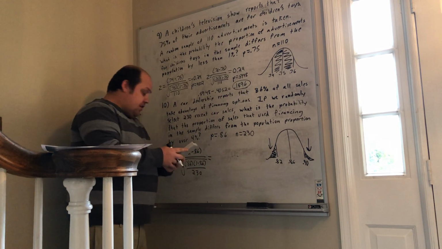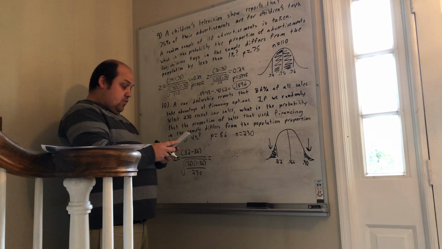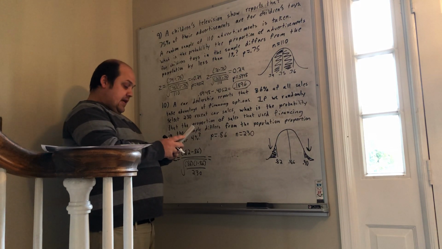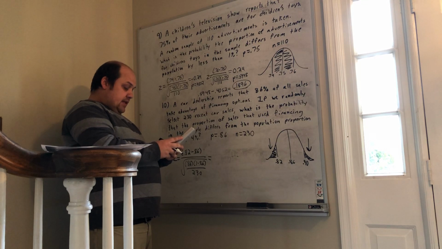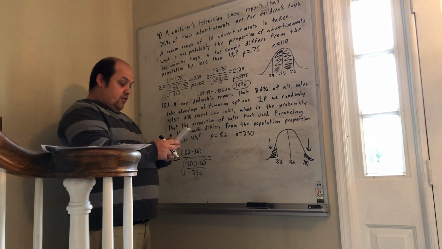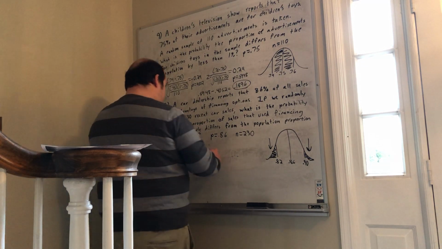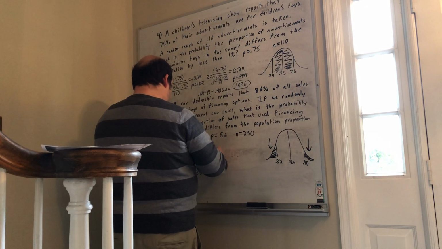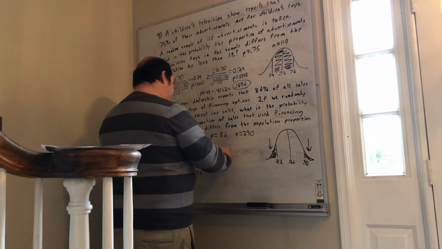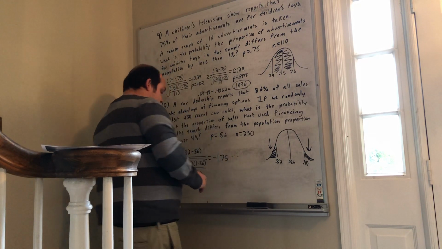When I put this in my calculator, parentheses 0.82 minus 0.86 and parentheses divided by the root of parentheses 0.86 times parentheses 1 minus 0.86, all divided by 230, making sure it's still all done under the root. I get a z-score of z equals negative 1.748 in my calculator, so I'm going to call it negative 1.75.